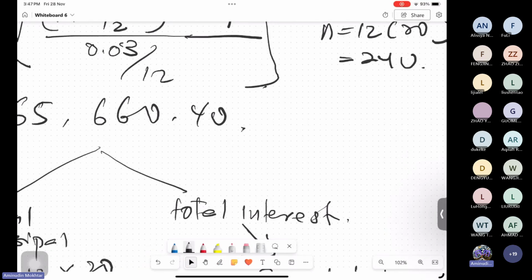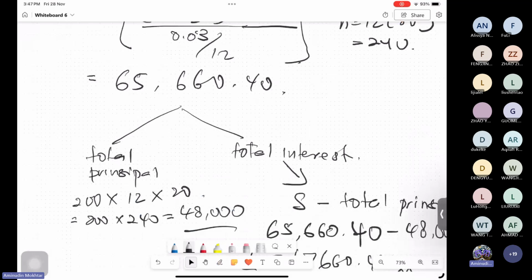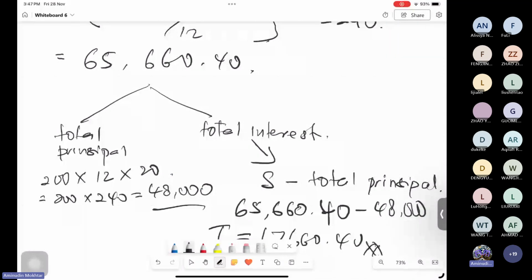We can divide this amount into total principal, 48,000, and total interest, 17,660 and 40 cents. Okay, that's the concept of the future value of annuity.